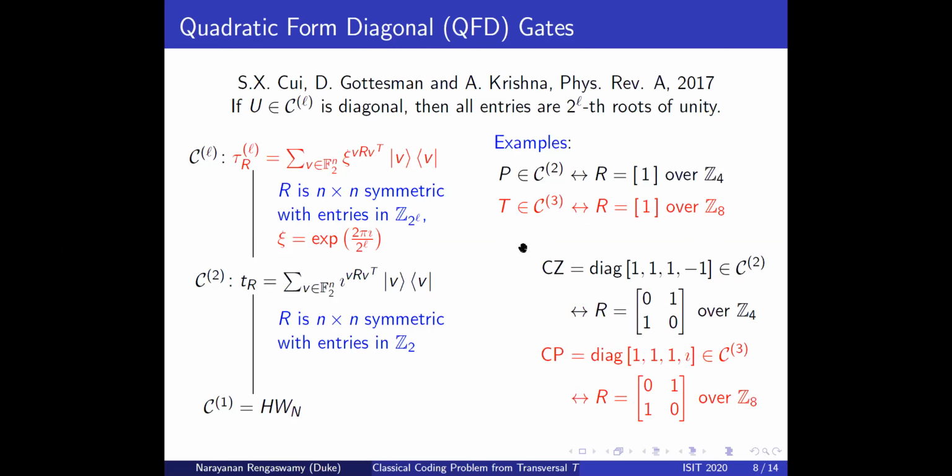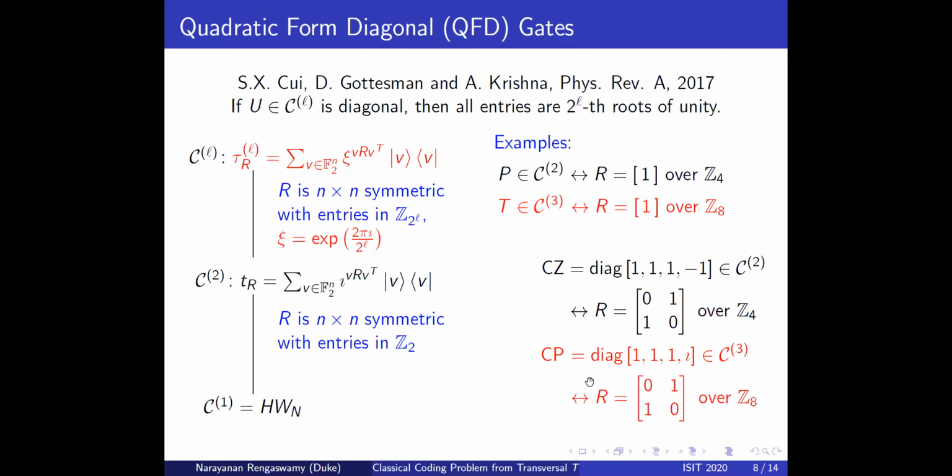And similarly, the square root of control Z is called the controlled phase. So you take the square root of -1, you get i. And it also has the same symmetric matrix representation in this QFT formalism, but now you interpret it over Z8. And you can keep growing. So the square root of T will still have R equals 1, but it will be over Z16 and so on.